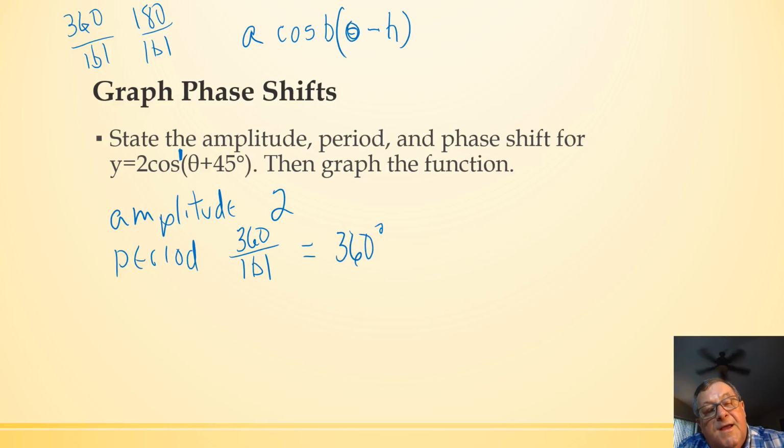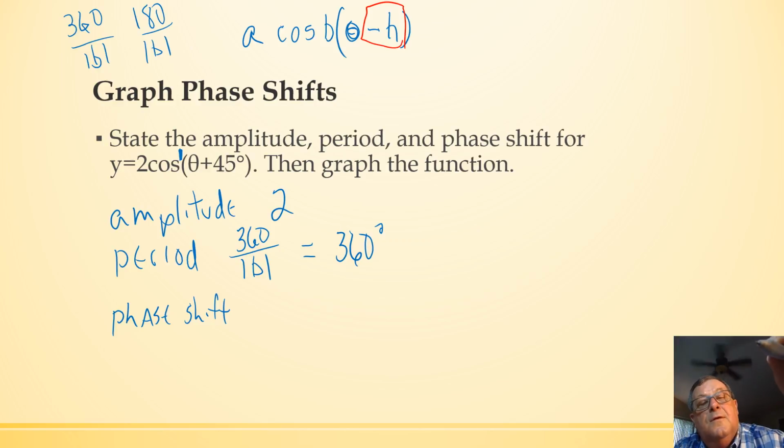And the phase shift, now you have to be careful here, in that if you look at this, this is negative H. So if I've got a positive 45, think about it as this.